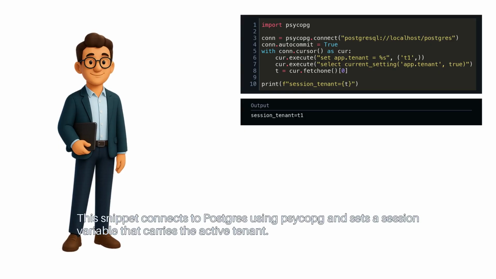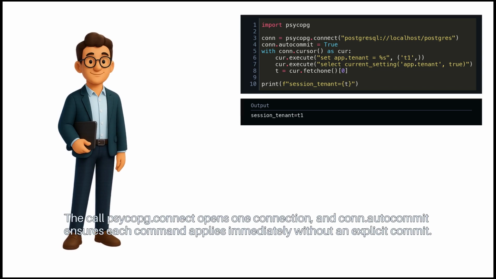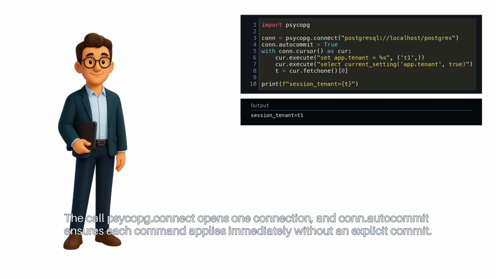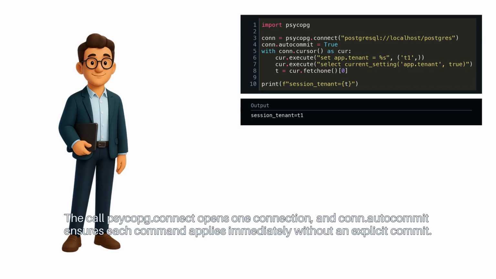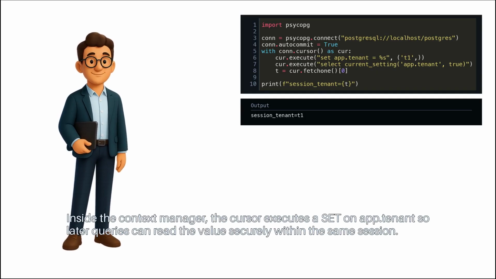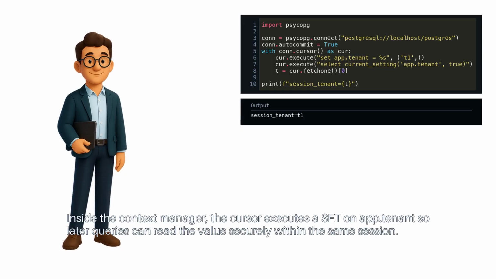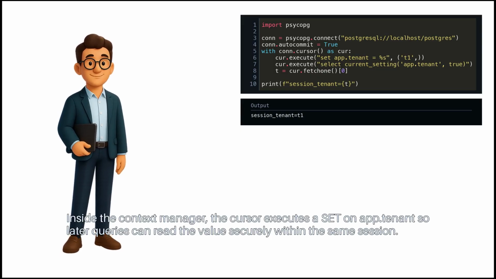This snippet connects to Postgres using psycopg and sets a session variable that carries the active tenant. The call psycopg connect opens one connection, and con autocommit ensures each command applies immediately without an explicit commit. Inside the context manager, the cursor executes a set on app.tenant, so later queries can read the value securely within the same session.